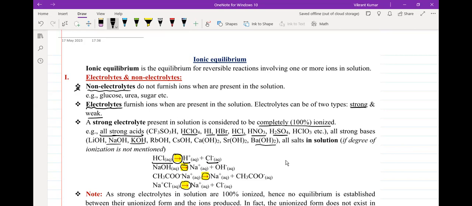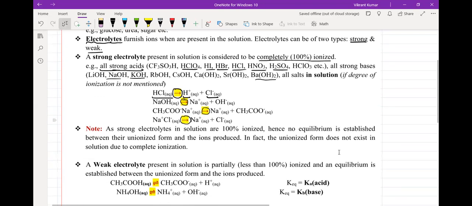Okay. Now, for these substances, I told you that they are not going to have any reversibility, so there is no question of ionic equilibrium for their ionization. Is it okay? For salts, we consider all the salts in the solution to be strong electrolytes if the degree of ionization is not mentioned.